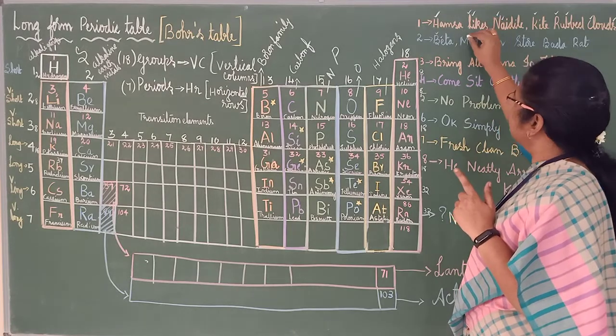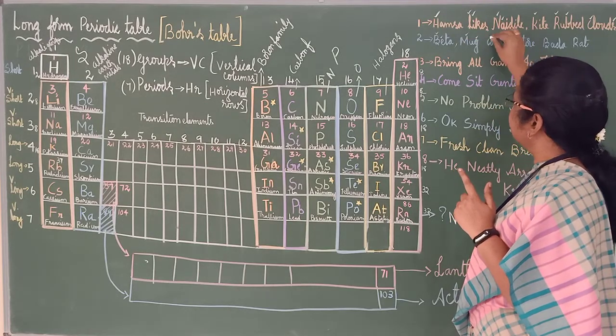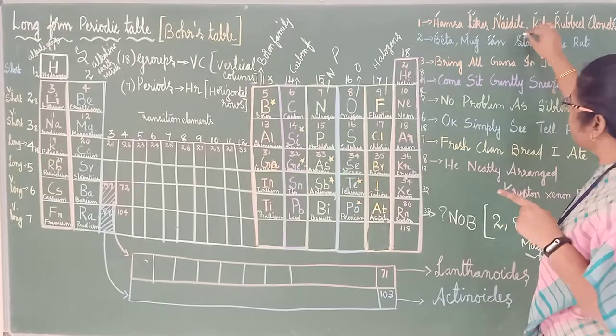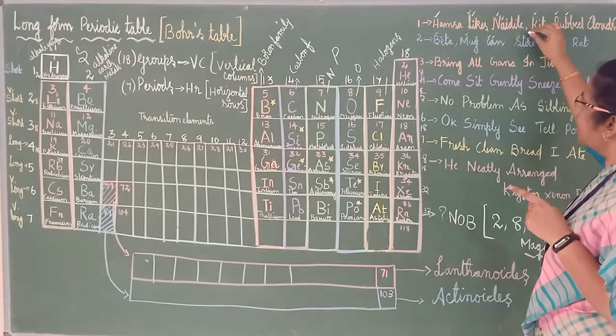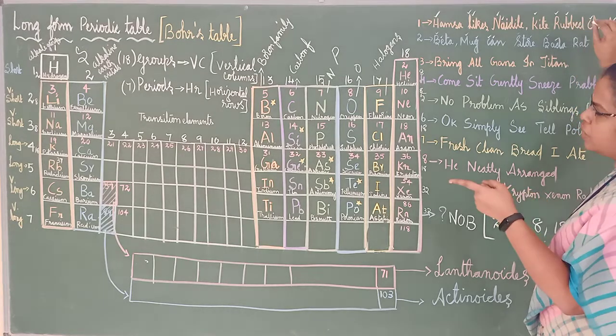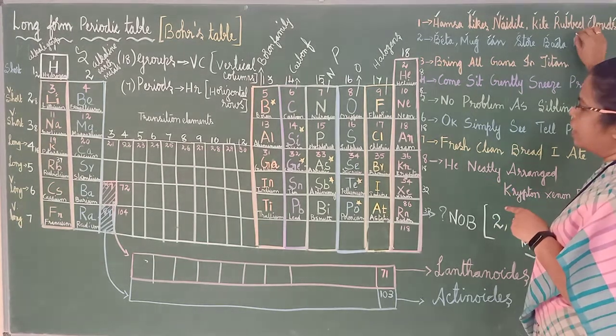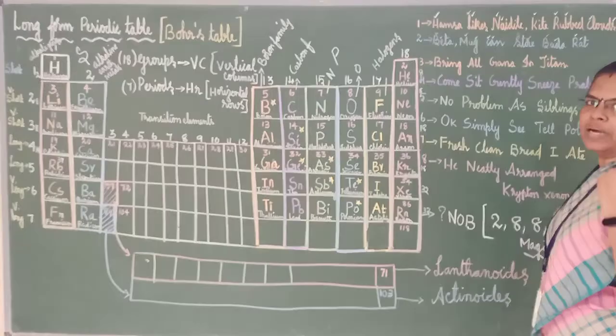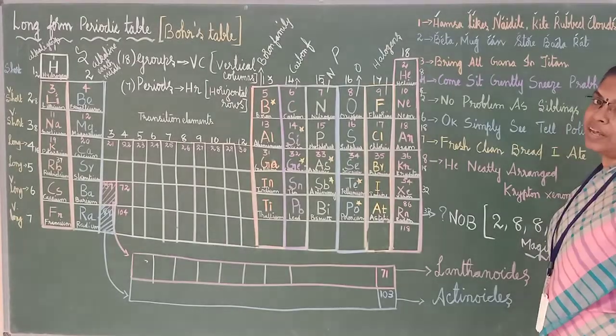Then M and G for magnesium. Ca, can for calcium. Then strontium, Sr. Then Ba is for barium. Ra is for radium. So beta, mug can store bada rat.